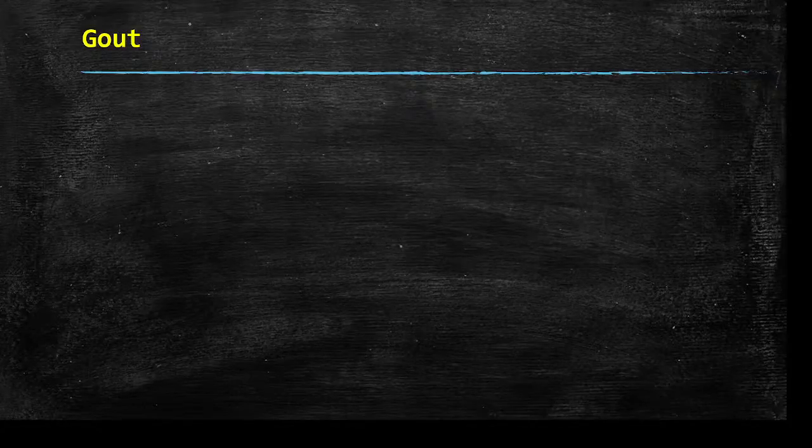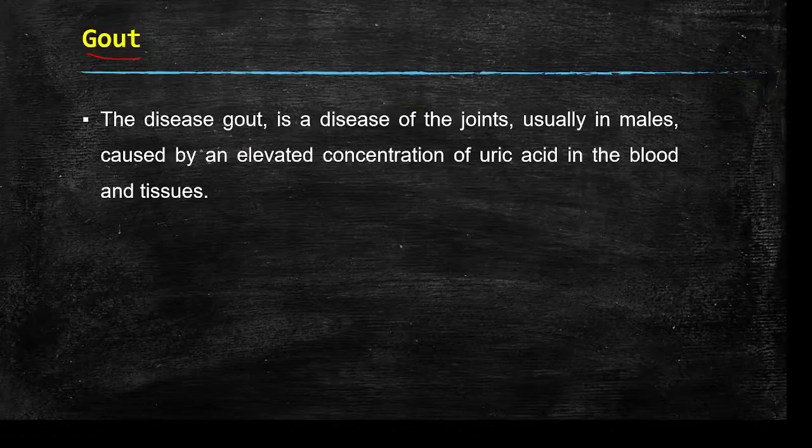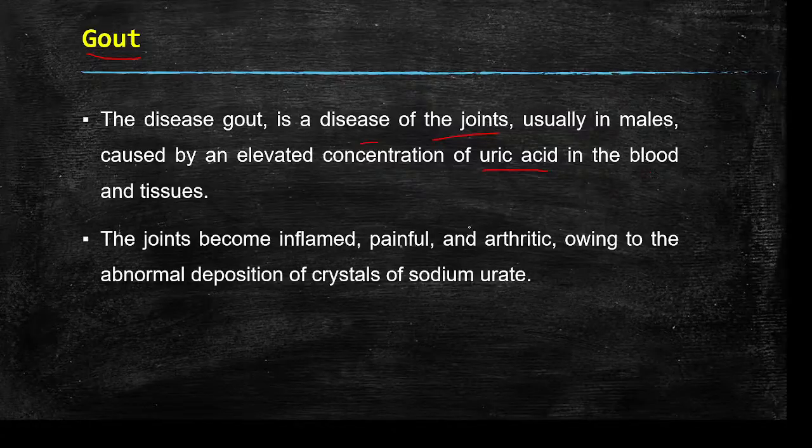Okay. So now we look into what happens when uric acid accumulates inside the body. So when uric acid accumulates inside the body, that condition is known as gout, a disease condition. Okay. So this is the disease of joints, usually in males, caused by elevated concentration of uric acid in the blood and tissues. So this is a severe condition in fact.